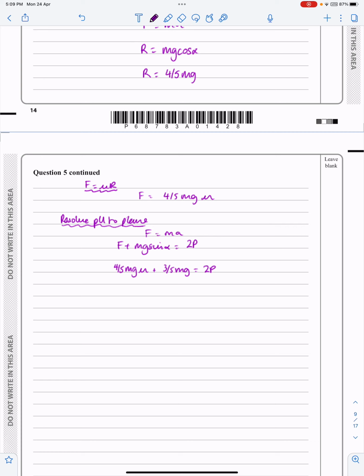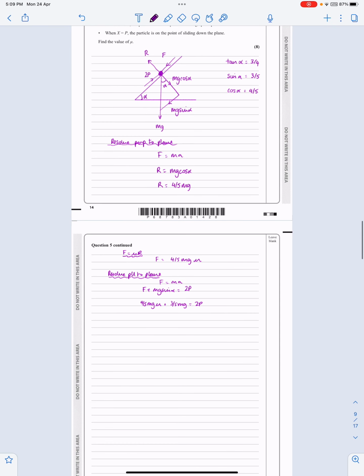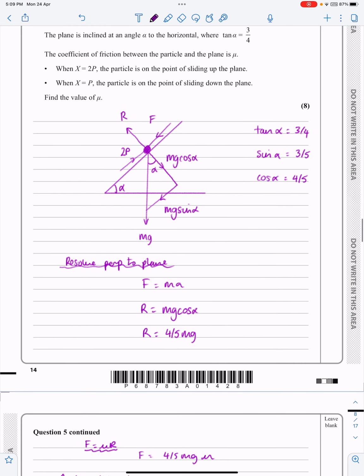Okay, go back to the question. The question says, when x is p, the particle is on the point of sliding down the plane. So what I've now got to do is give myself this diagram again, using the wonders of the iPad.